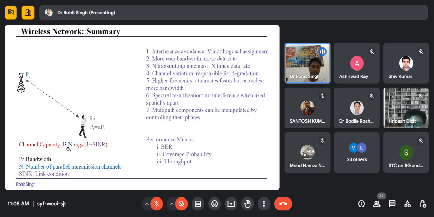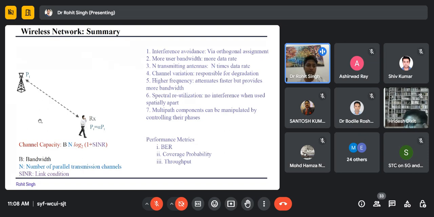And nowadays, there is one more factor. Not only one transmission link, there can exist multiple transmission links between the transmitter and receiver due to the coexistence of multiple antennas. At the transmitter end as well as at the receiver end, we have multiple antennas. So multiple antennas create multiple channels between the user and the transmitter.